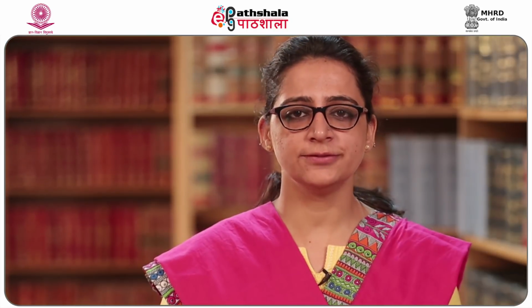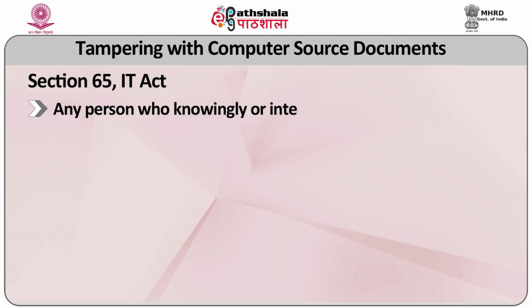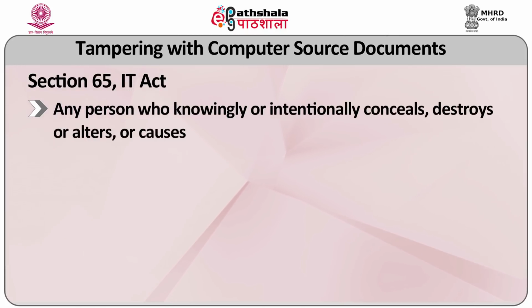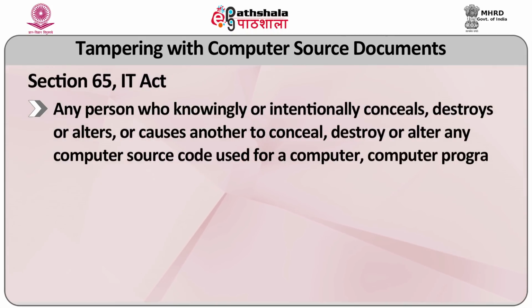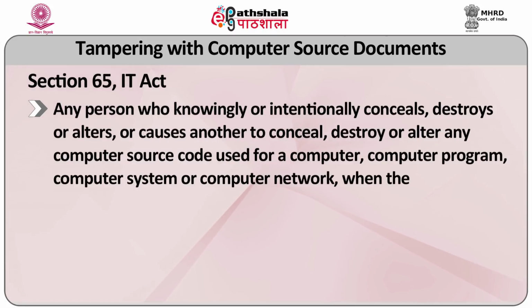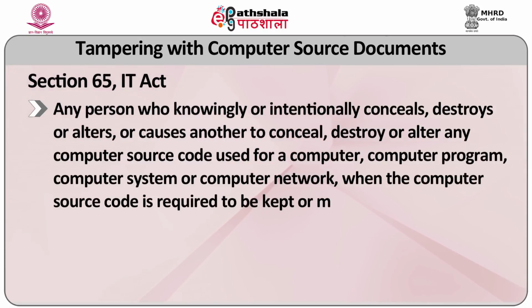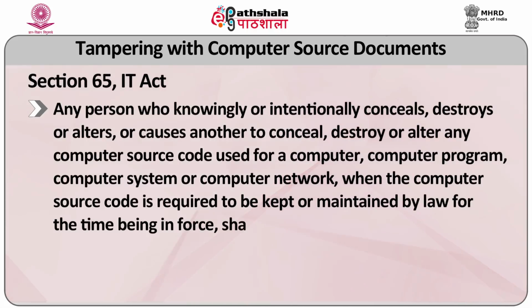The cyber offences, as mentioned under the Information Technology Act 2000, have been delineated as follows in its various sections. Section 65, tampering with computer source documents. It states any person who knowingly or intentionally conceals, destroys or alters or causes another to conceal, destroy or alter any component, source code used for a computer, computer program, computer system or computer network, when the computer source code is required to be kept or maintained by law for the time being in force, shall be punished.